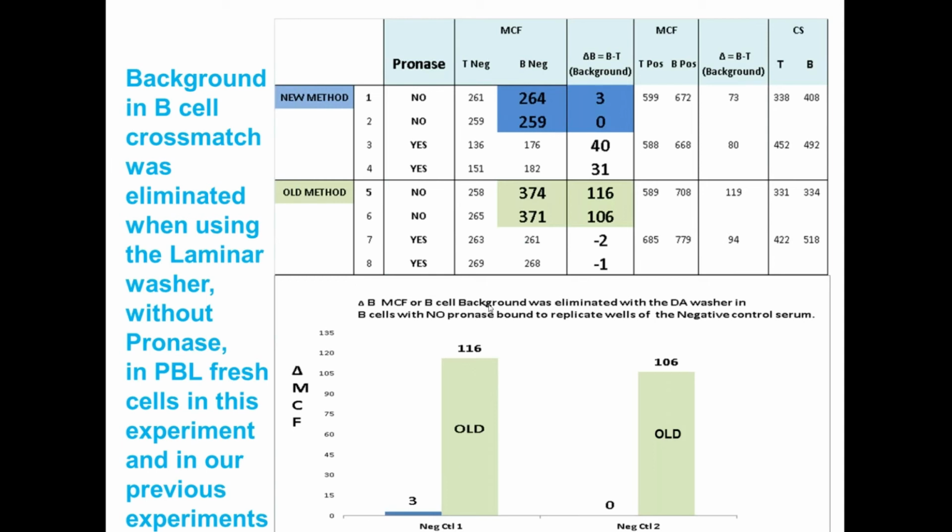This is indicated in blue in the table and on the bar graph below. The green indicates the results using the old method. This difference was observed in multiple experiments that we did in our lab.